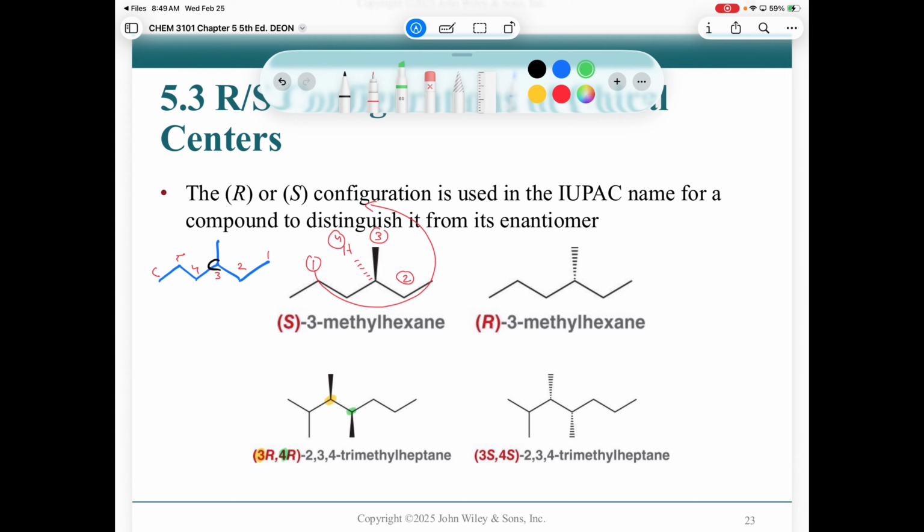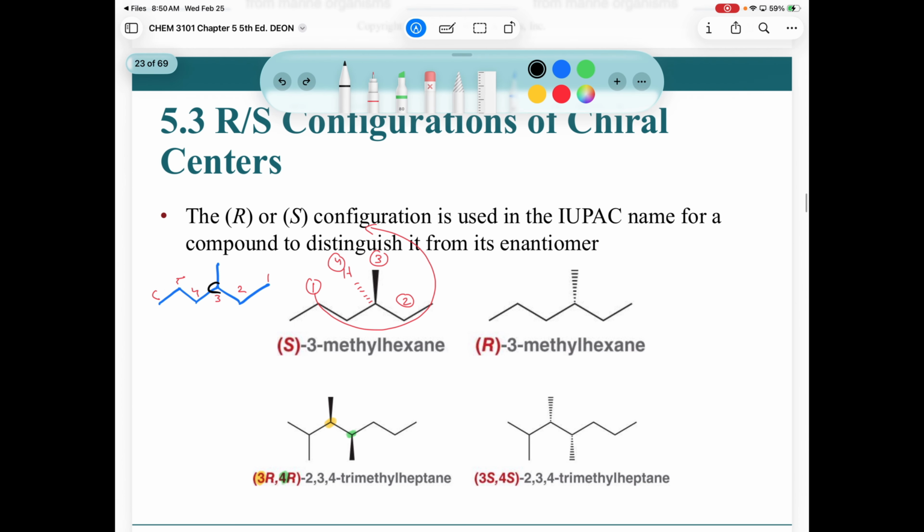Cool? Why isn't this one, the one with the black carbon, a chiral center? Anybody? Two methyl groups, right? You're starting to pick up on it very quickly. You can do that faster than I can. Great, that is awesome.